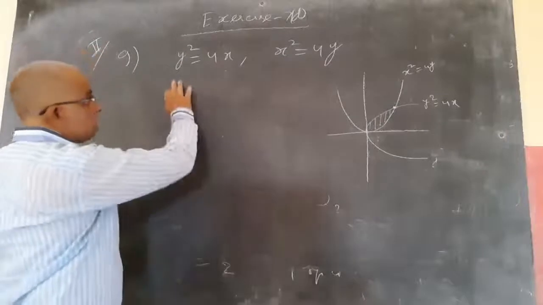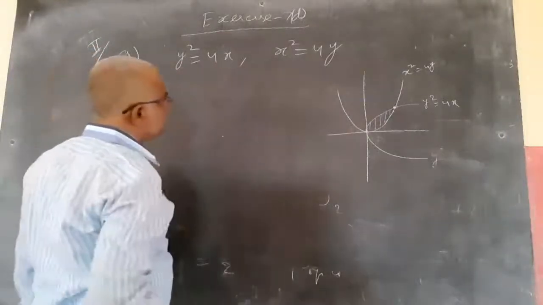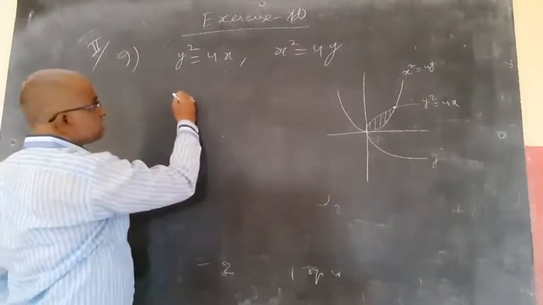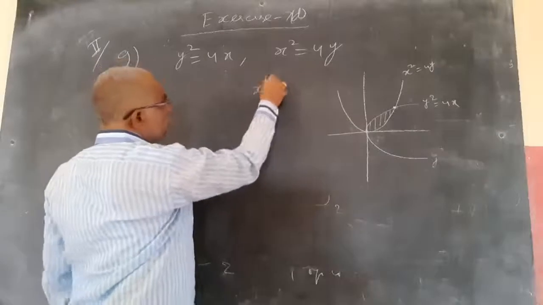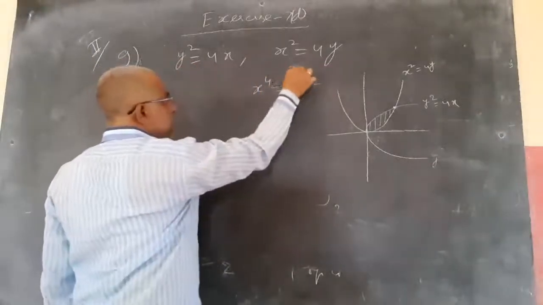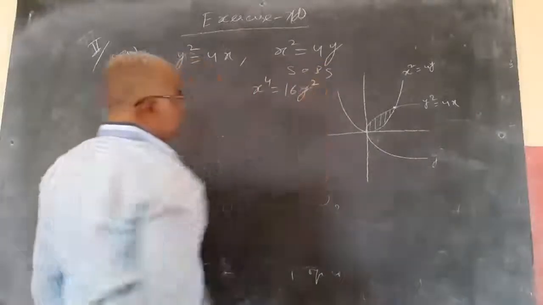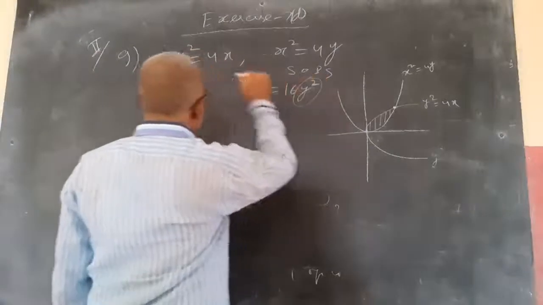Solve both. How to solve both? Squaring on both sides of this, or squaring on both sides of this, your choice. So if I square this, what do I get? X power 4 equal to 16y square. Instead of y square, now I can write 4x.